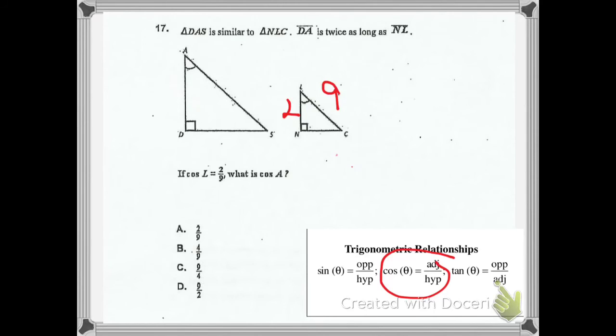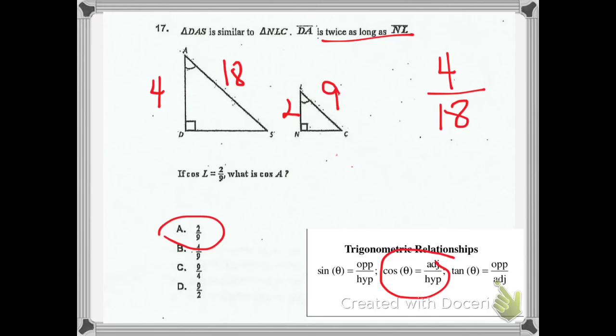What is cosine A? Well, if we know it's twice as long, this would have to be 4, and this would have to be 18. If I want to find cosine, I would have adjacent, which is 4, over hypotenuse, 18, and that reduces to 2/9. So those are questions 12 through 17. Look at those. If you have any questions, please let me know.